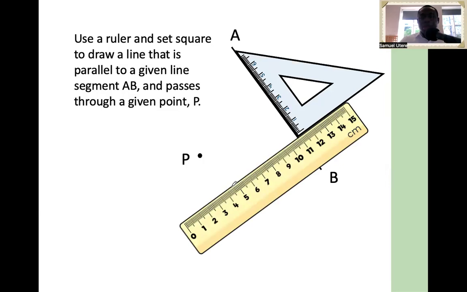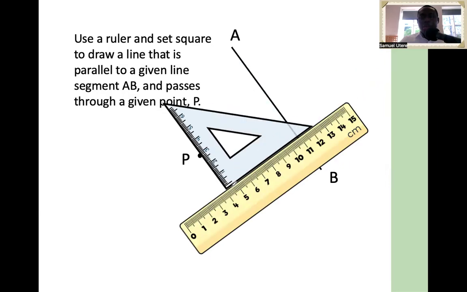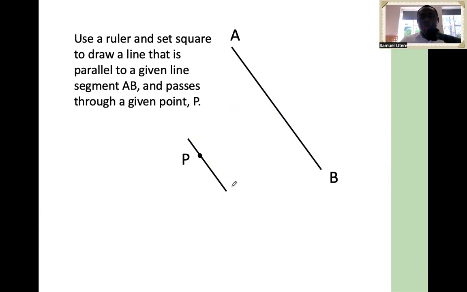Next, you would slide the set square along so that the side of the set square lines up with the point P where the other parallel line segment has to pass through. Next, you draw a line through that point P, and you use a ruler to extend the line further if you wish.